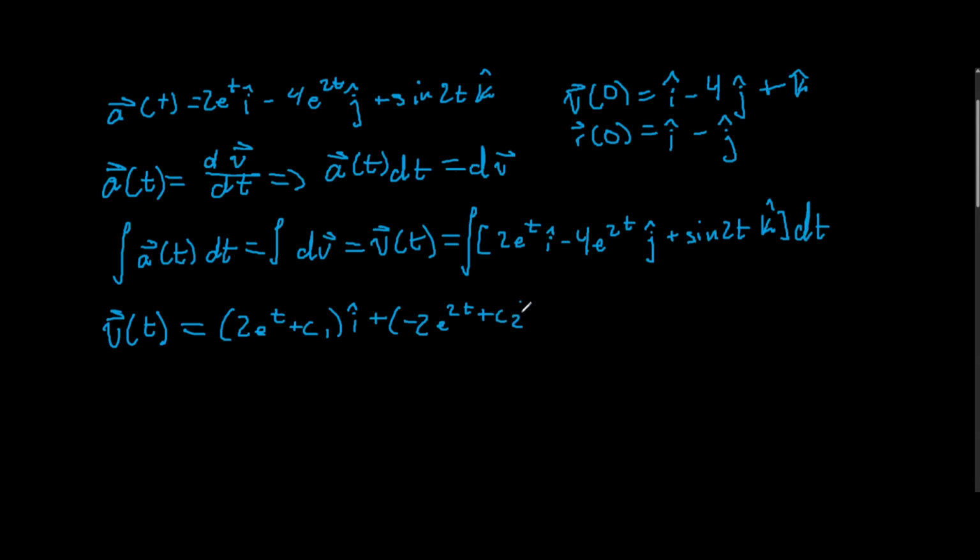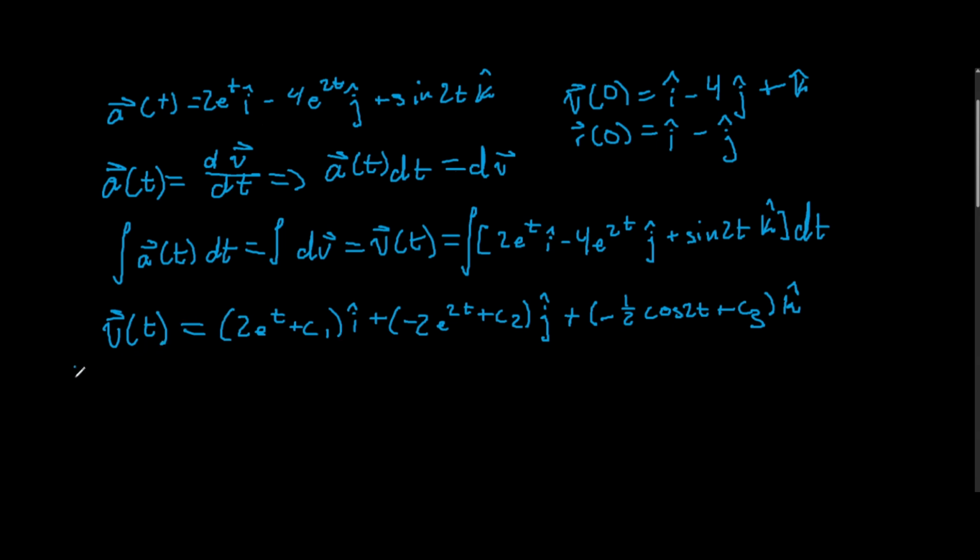And this is in the j direction, represented with the hat. They're all unit vectors. Plus negative 1/2 times cosine 2t plus a third constant in the k direction. So without yet applying the initial condition, this is the velocity function.